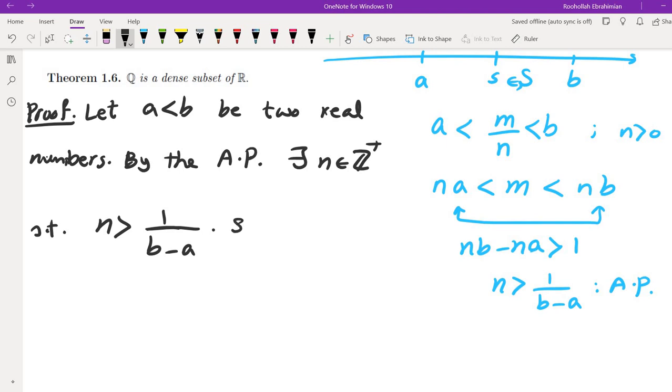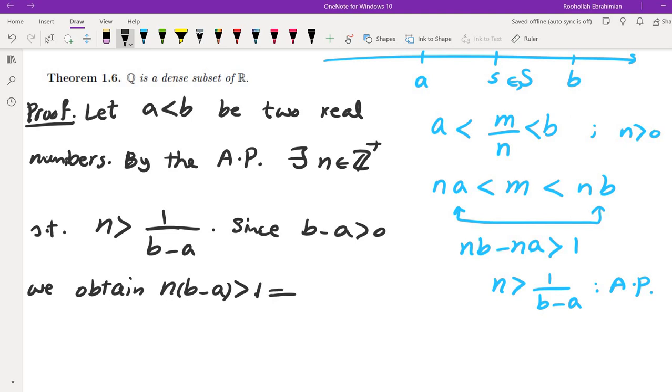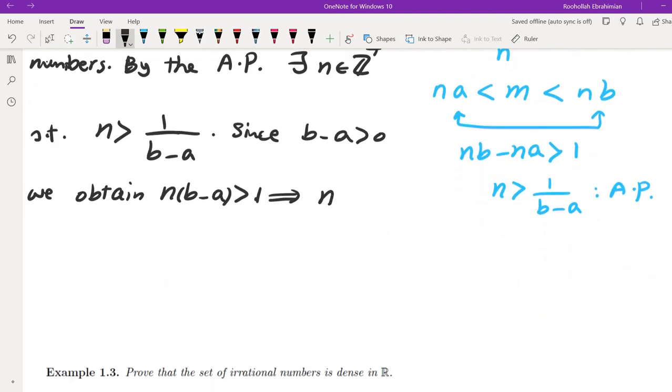Since b minus a is positive, we obtain n times (b minus a) is more than 1, because we can multiply by b minus a, which means nb is more than na plus 1.